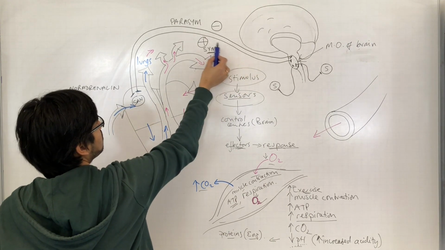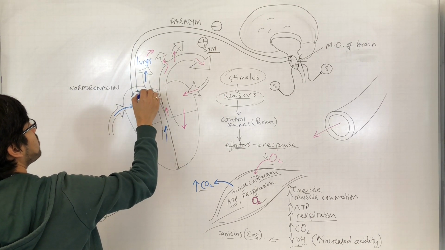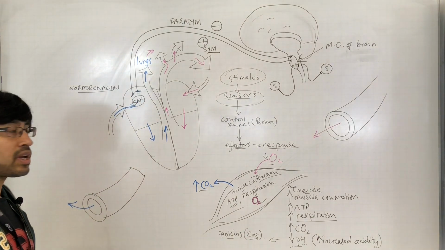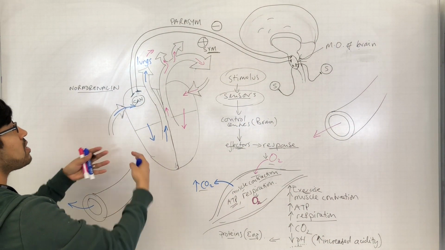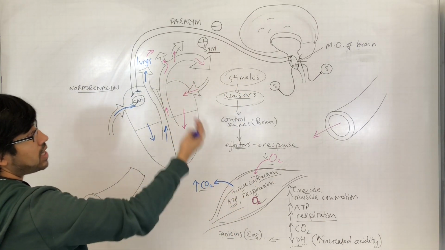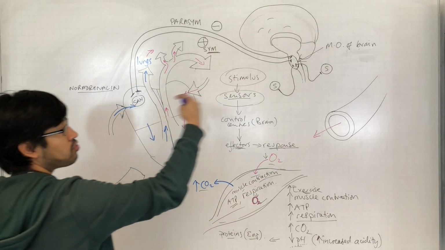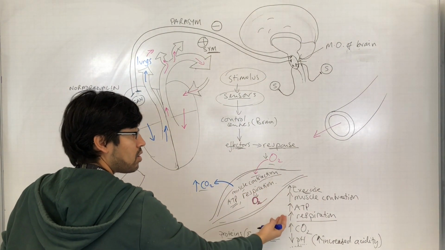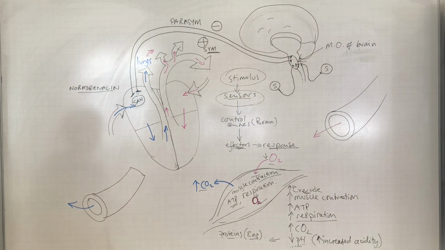So if an impulse moves down the sympathetic nerve, the neurotransmitter that it releases is noradrenaline, and noradrenaline increases the rate of the sinoatrial node. And then when the sinoatrial node has increased its rate, the heart is beating more often, the cardiac output is increasing, more blood is moving by mass flow, so there's a greater supply of oxygen, and then you can carry out a higher rate of respiration, more ATP produced, more muscle contraction.